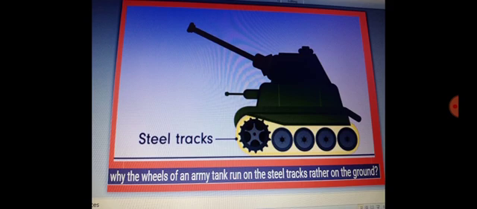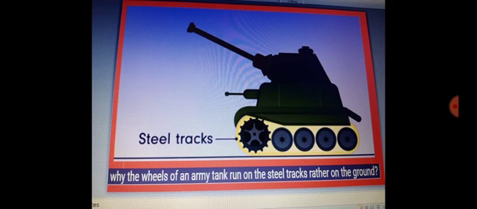The area of contact is less with the tires, and the army tank is very heavy. So the force applied on the tires will be more, and the area of contact of the tire on the ground is less.